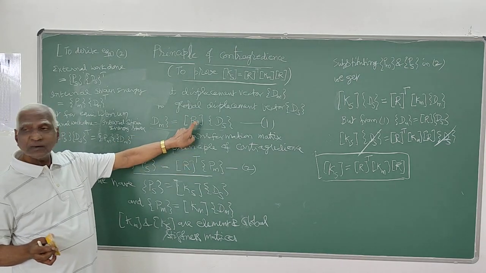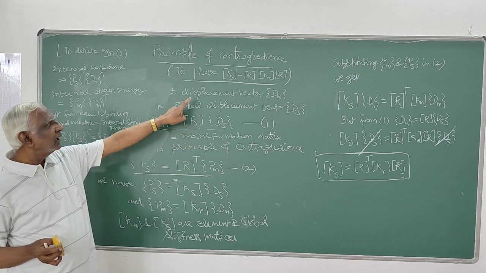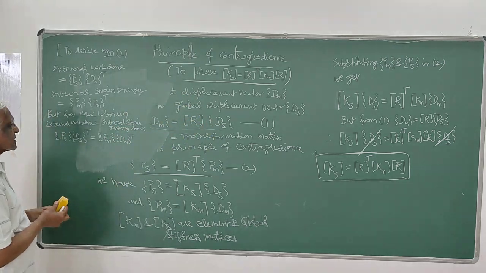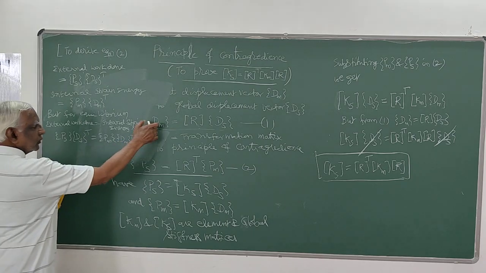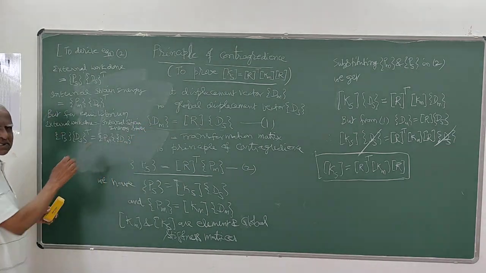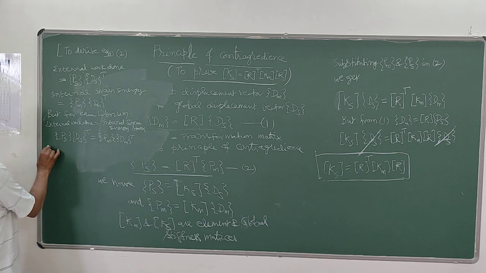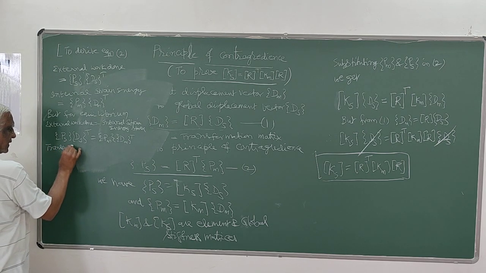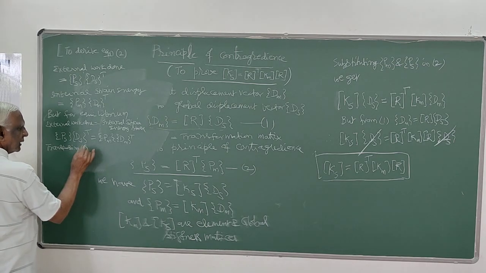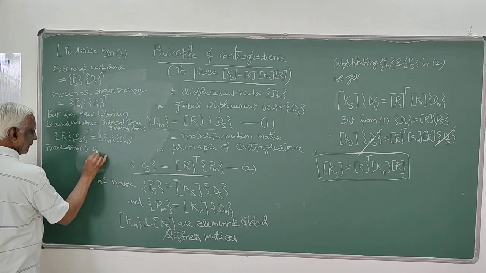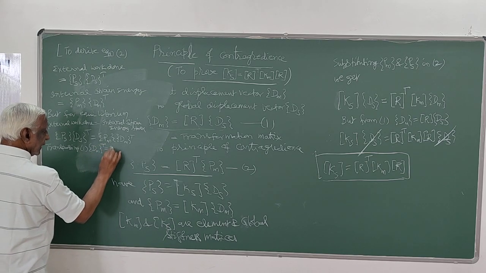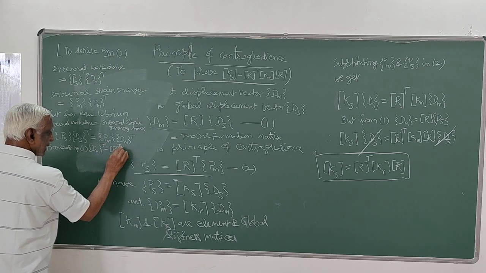Now, you have this relationship, because I am trying to derive this. Right? I have this relationship dm equals R dx. So you transpose this and substitute in this. So transposing, we get dmt equals RT dxt.